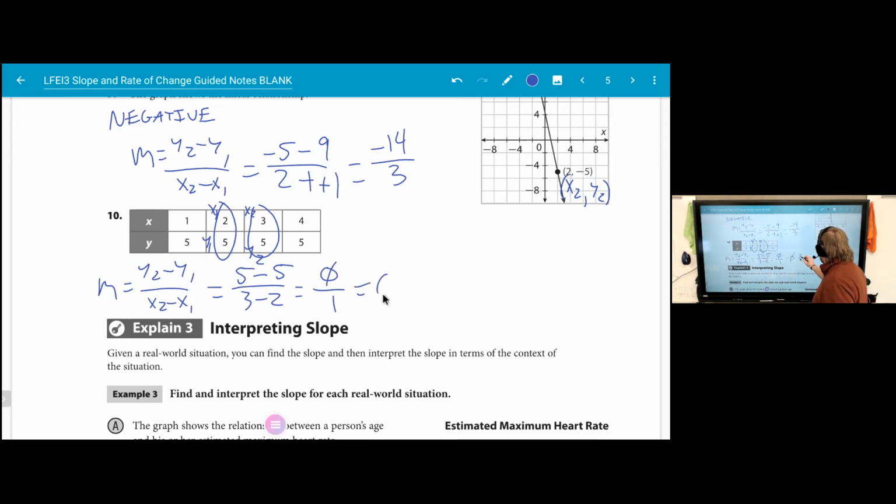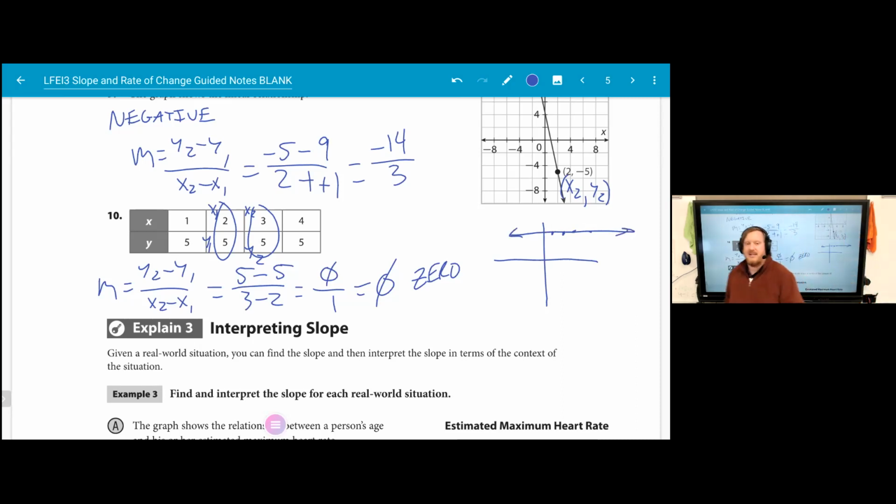My slope is a 0 slope. If I want to plot this real quick, x is 1, y is 5, 2, 5, 3, 5, 4, 5. Look at that. That is absolutely a 0 slope, a horizontal line.